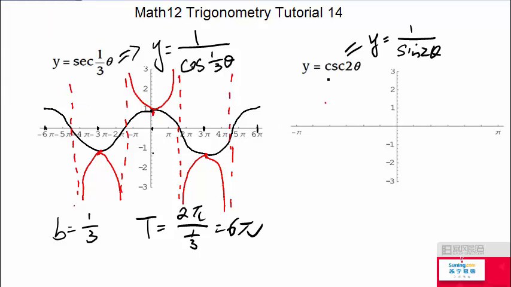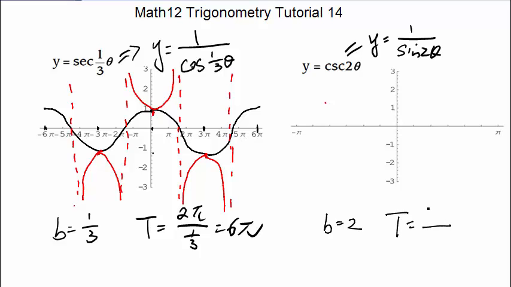Okay, we have cosecant 2 theta. We don't know how to draw cosecant yet, but we know how to draw sine 2 theta. For sine 2 theta, b equals 2, so the period equals 2 pi over 2, which is equal to 1 pi.